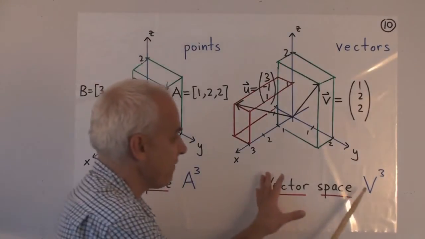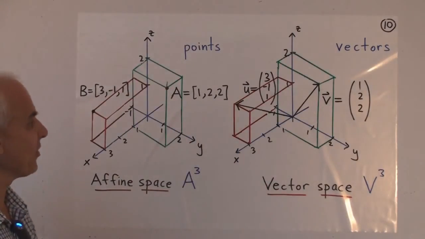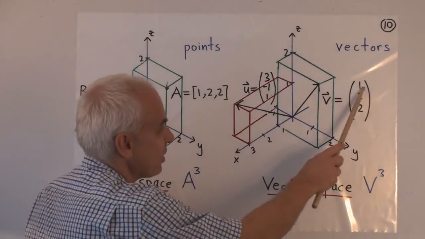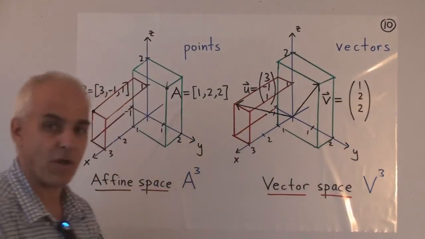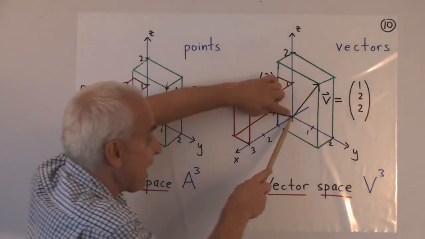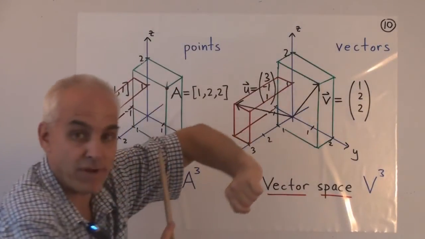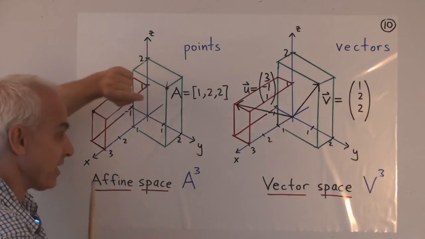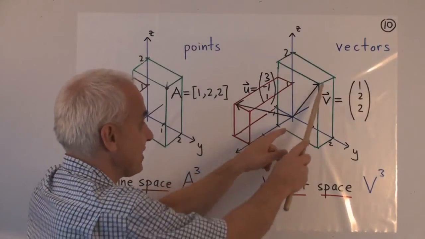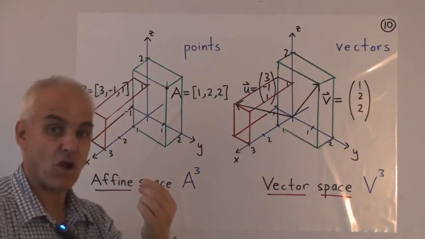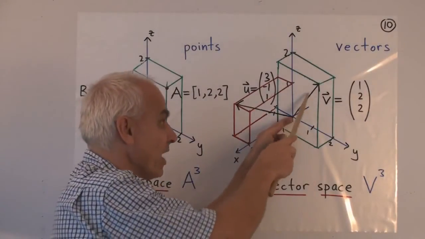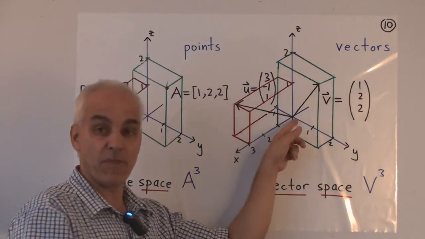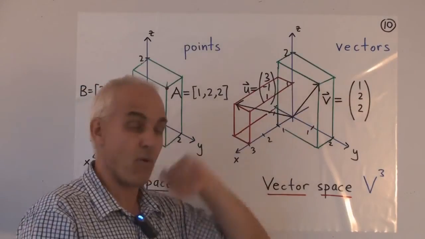Well, over here in the vector space picture of things, the same triple 1, 2, 2 expressed as a column represents the vector from the origin to that point. Okay. So over here the fundamental object is just the point itself. Over here, that same data encodes the idea of a directed line segment starting from the origin to our point in question.